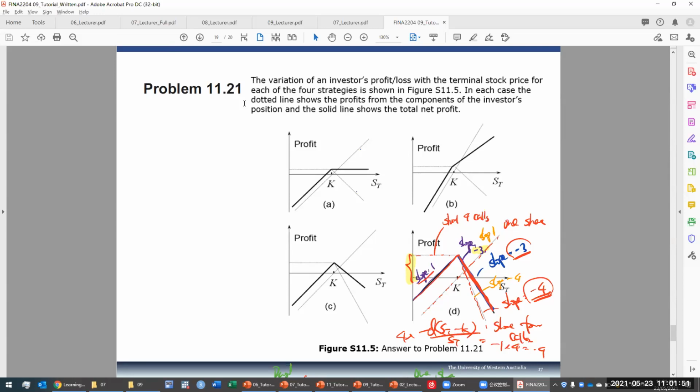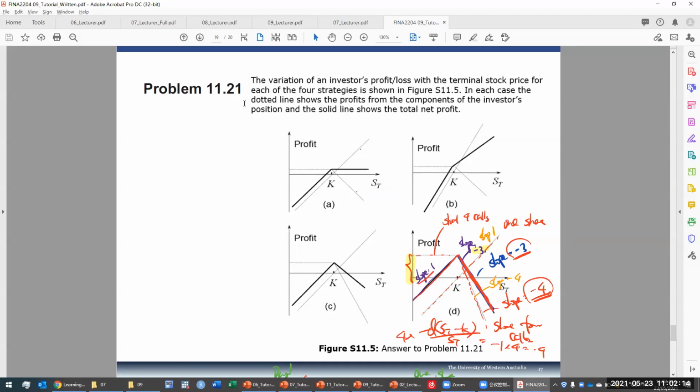And here, for one call option, one option is a short put. The slope here is 1. For a call option the slope is 1, the reason being my payoff is ST minus K. Differentiate that with respect to ST and it just becomes 1, right?